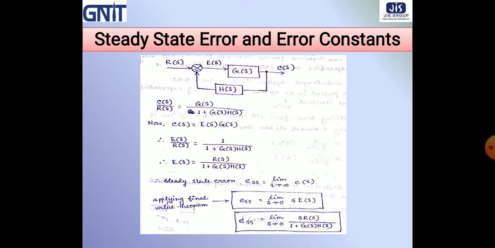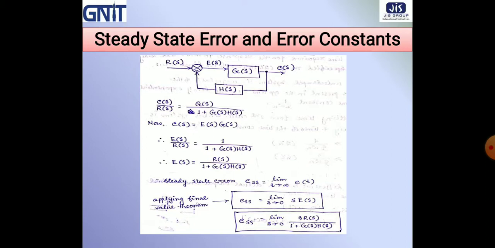So if we want to calculate steady state error, then we have to find the error when limit t tends to infinity. If we apply limit t tends to infinity in the S domain, then we have to apply the final value theorem, that is limit s tends to 0 of sE(s).